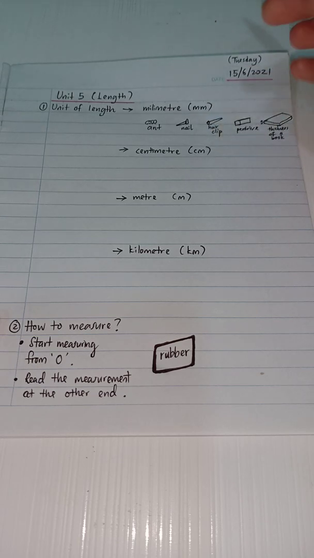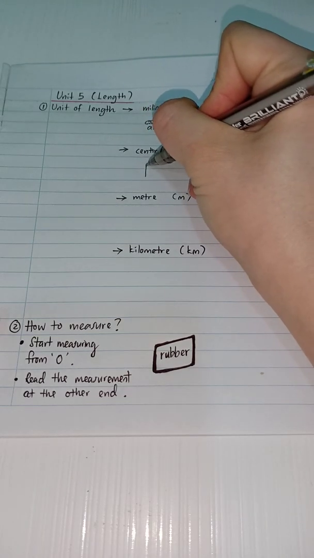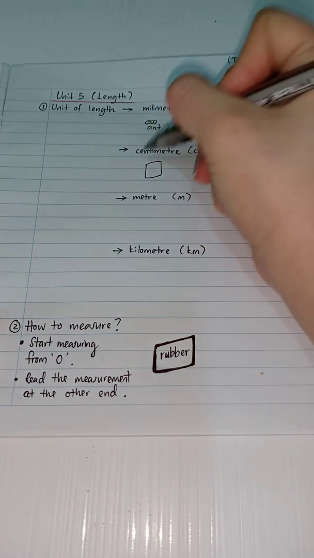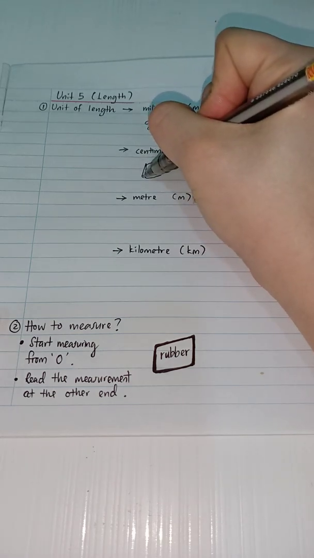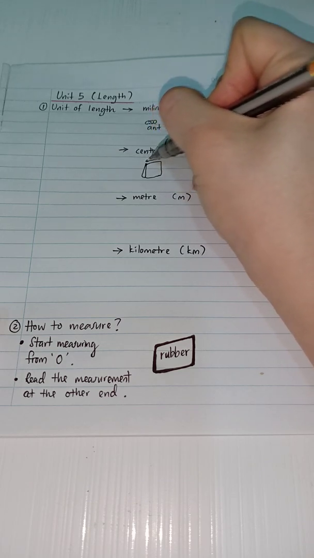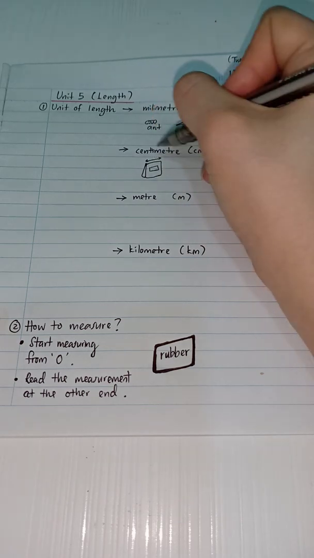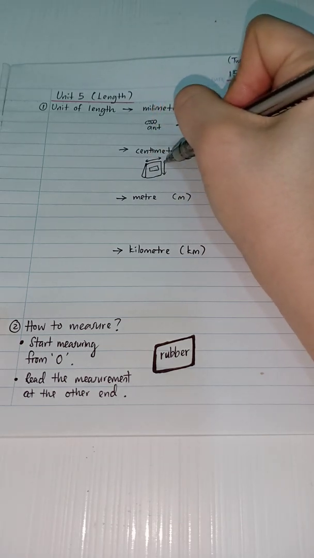cm is for bigger objects, like if you want to measure the length of your bag, or the height and the width of the bag, school bag, handbag, or any bag, you can use centimeter.